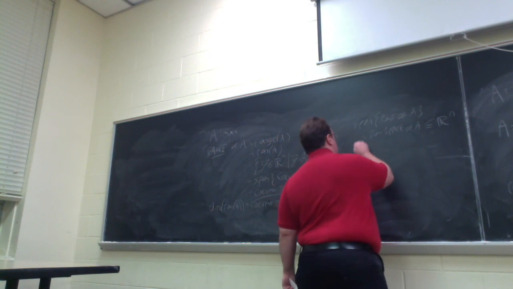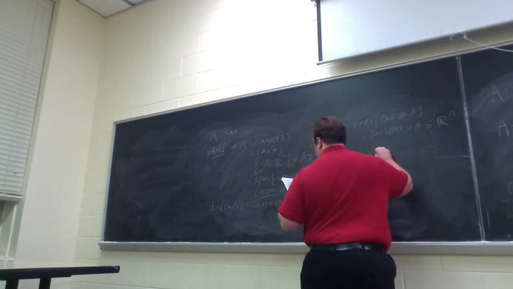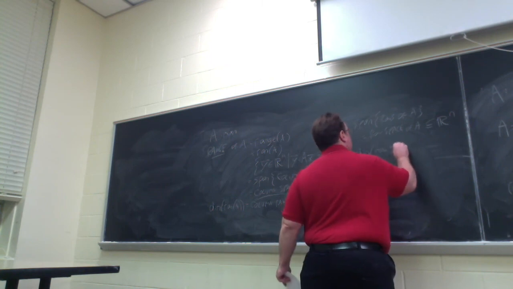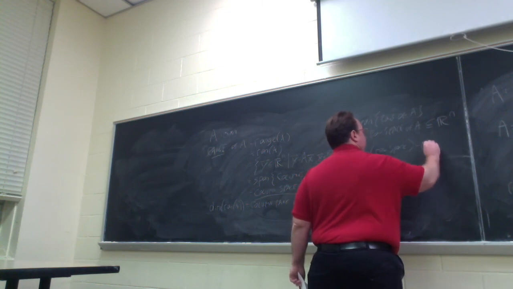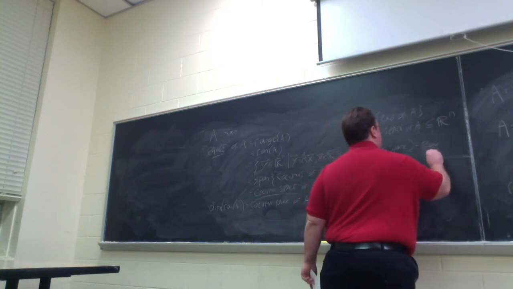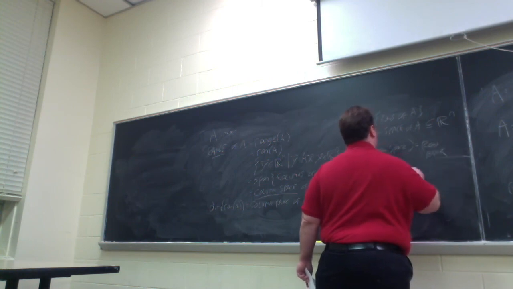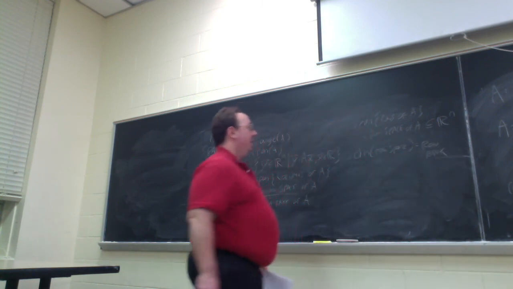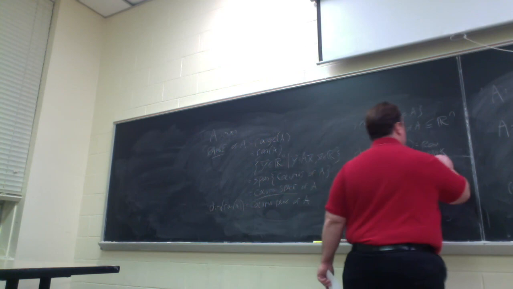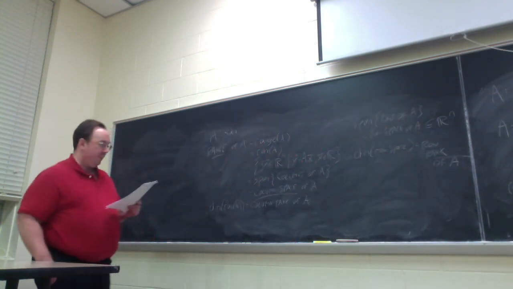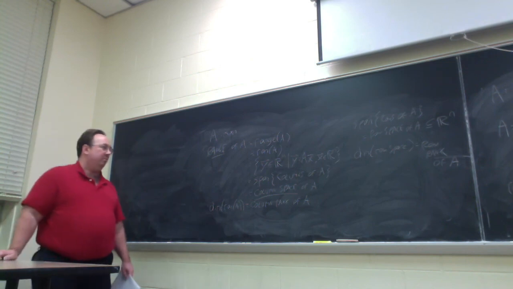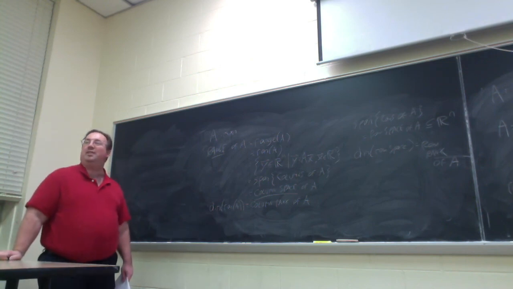So the dimension of the row space of A is called the row rank of A. Now, who remembers how the row rank and column rank relate to one another?